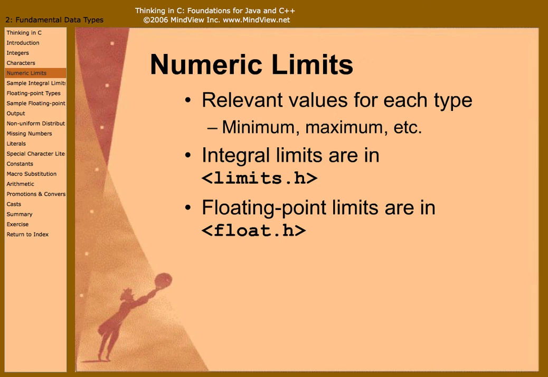You can find out what the largest integer, the largest short, the largest long, the smallest as well. So it does give you some programmatic control over the numeric properties of your system. The same thing applies to the floating point numbers as well. And you can get that information from the header float.h.